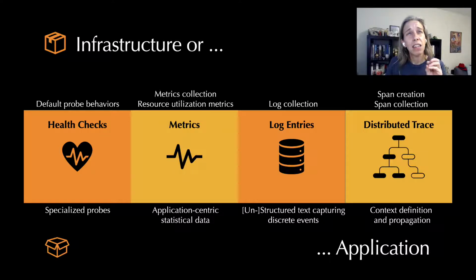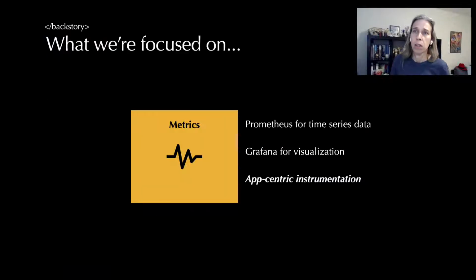And the generic infrastructure can't necessarily do that span context propagation because it's not aware of the relationships between things, not without some help. So as application developers, you have a role to play in making the observability of the entire system robust.